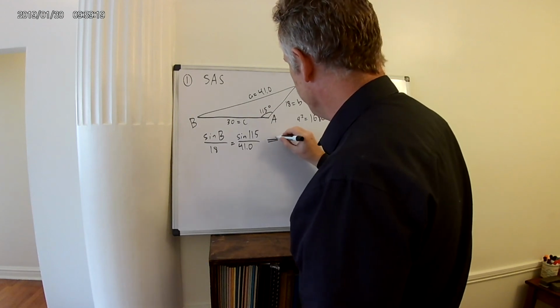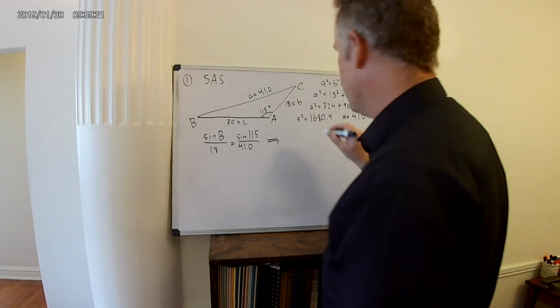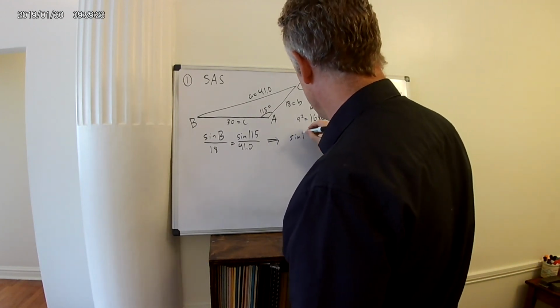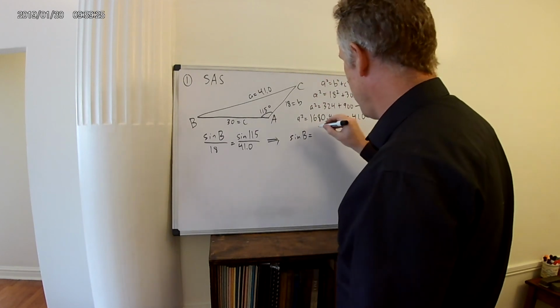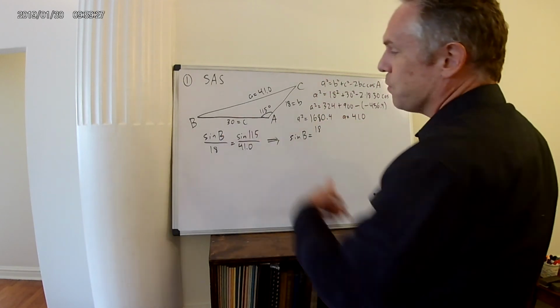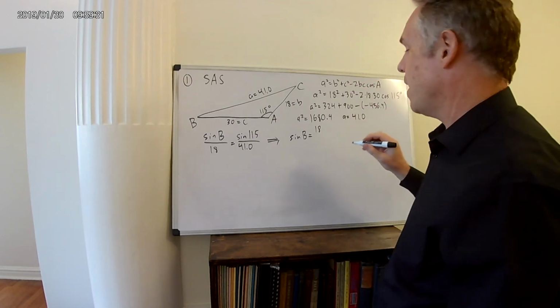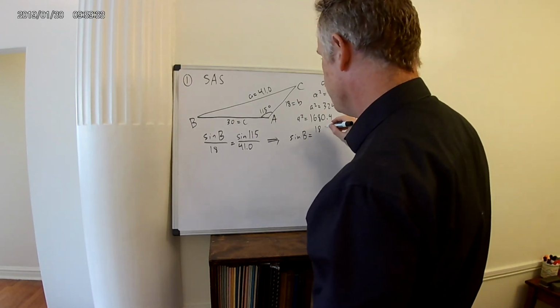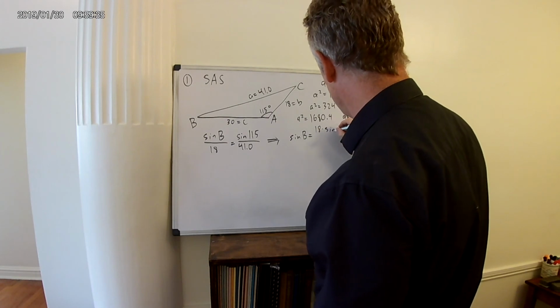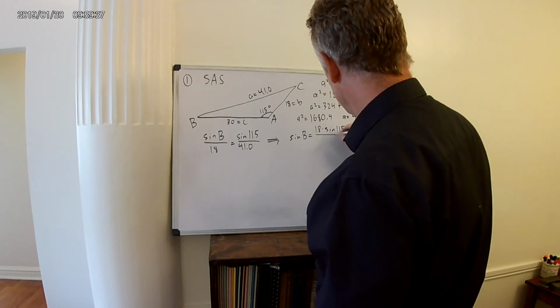And now I solve this for sine of B. I can do this by cross multiplying. I'll save you guys the algebra steps, but you can verify this. Sine of B equals 18 times sine of 115 divided by 41.0.